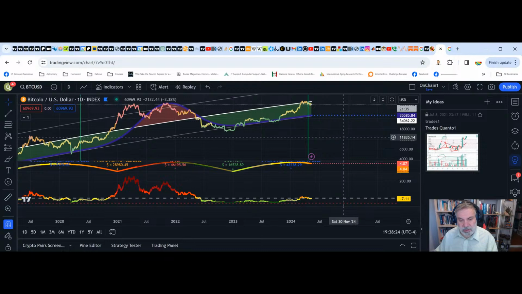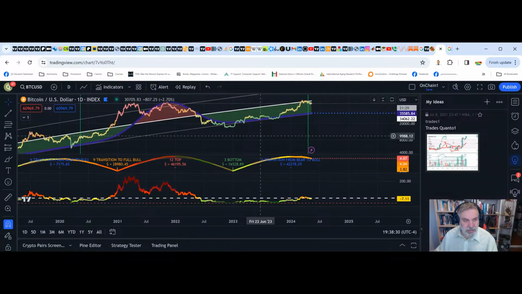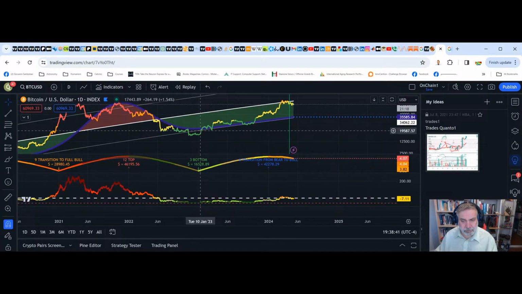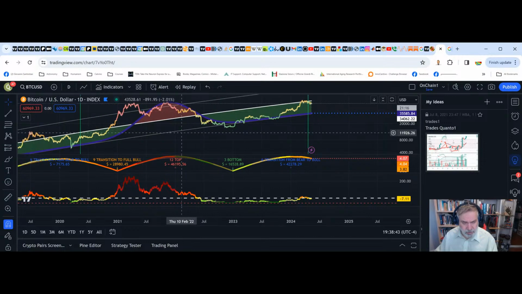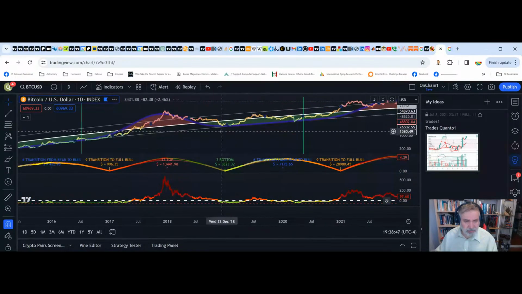So we have three main indicators shown here in this graph. The first one is called the BTC Power Law Bands. What the indicator does is show us a general idea of the trend.